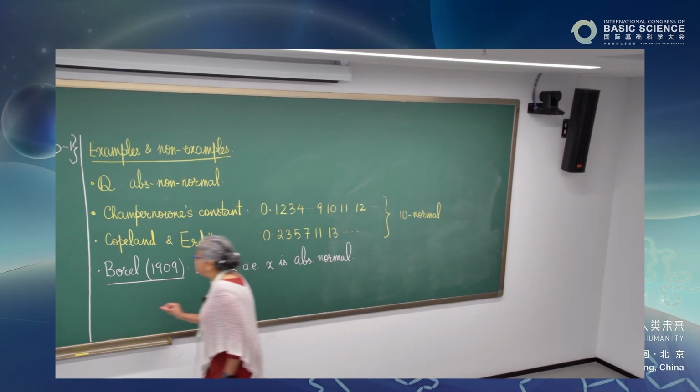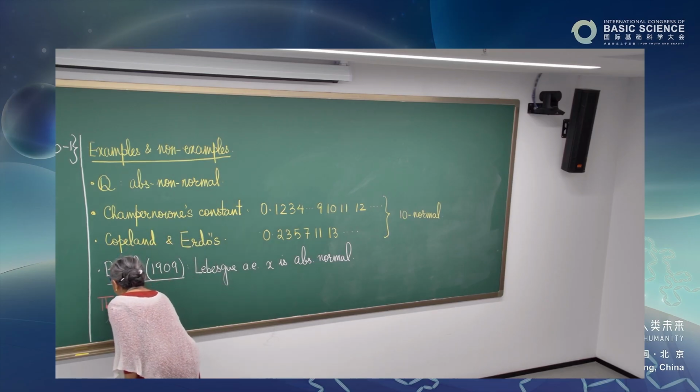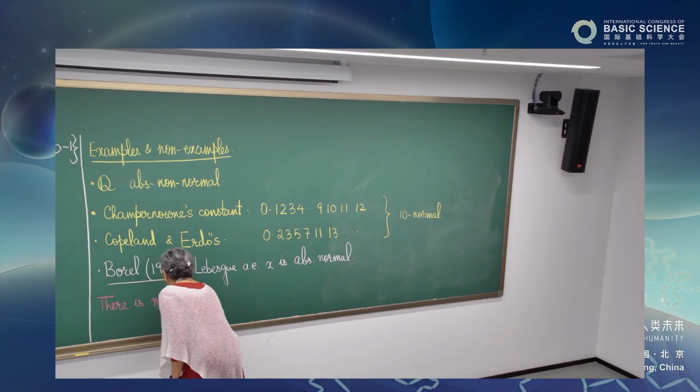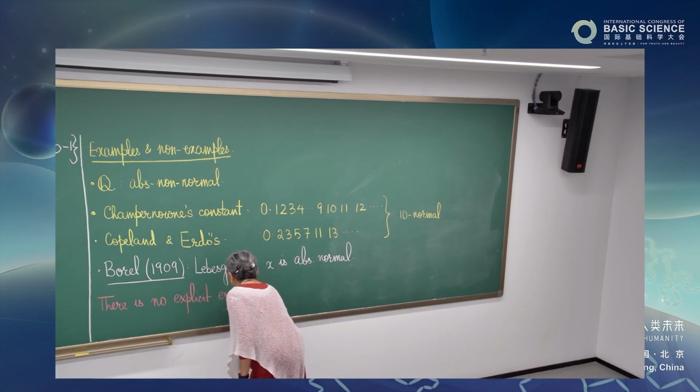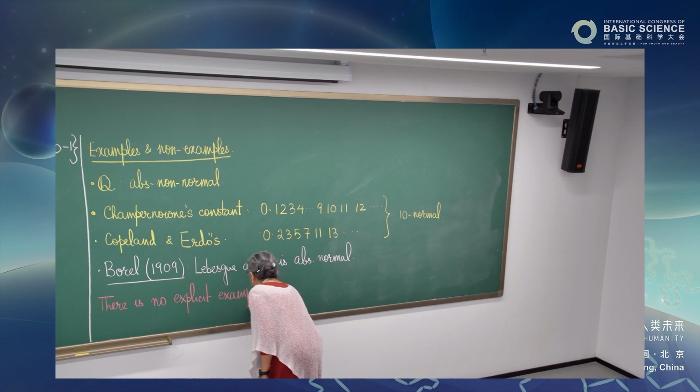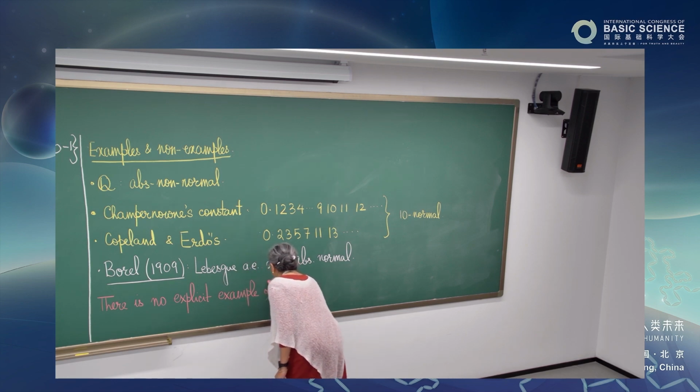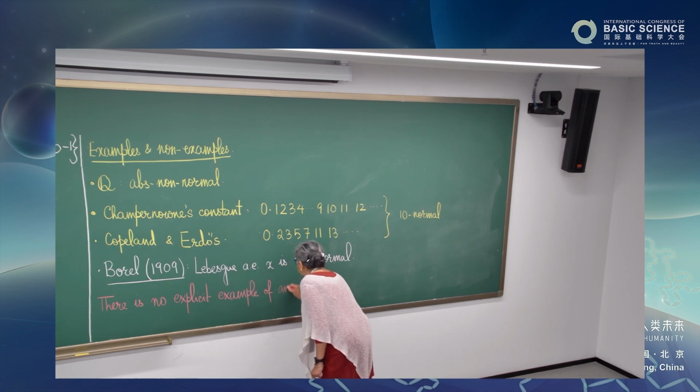So there is no explicit example of an absolutely normal number.